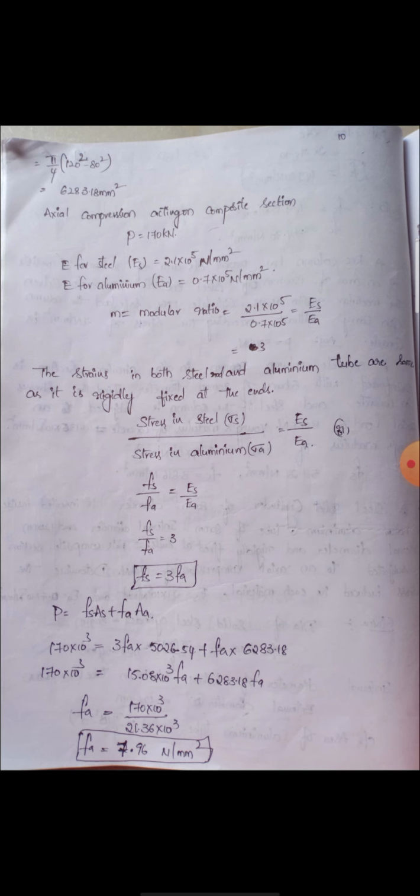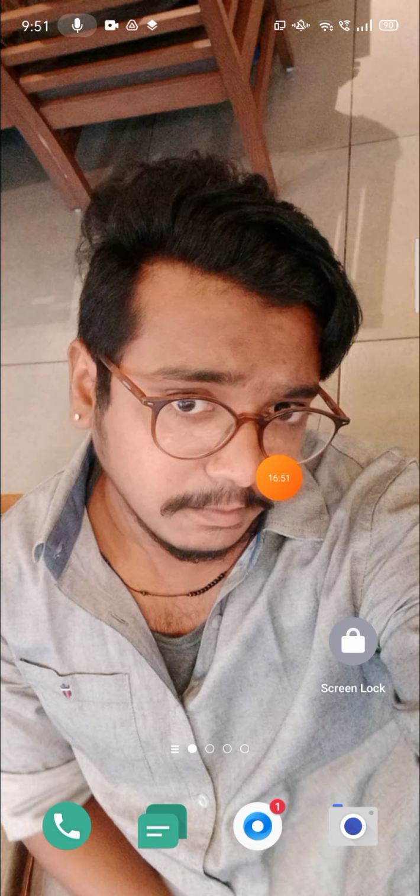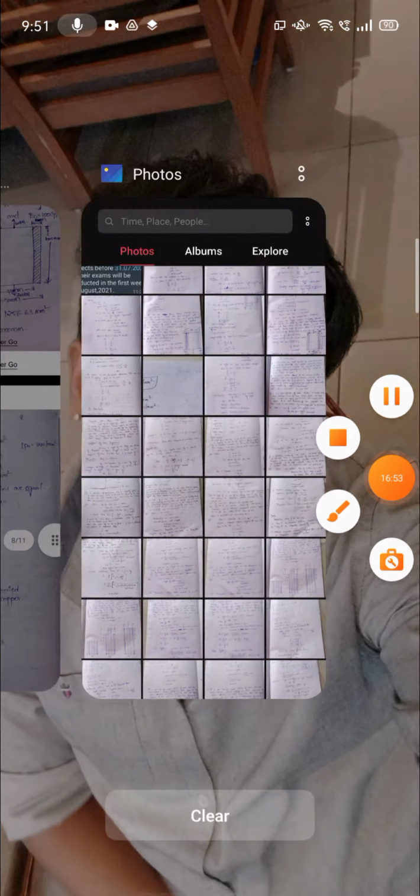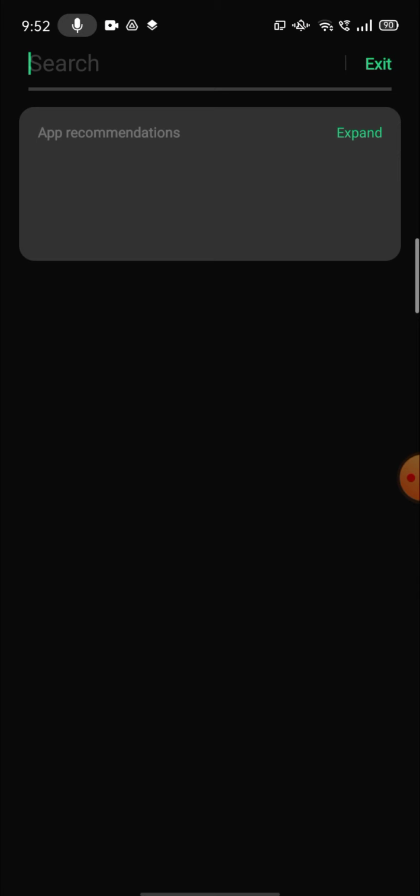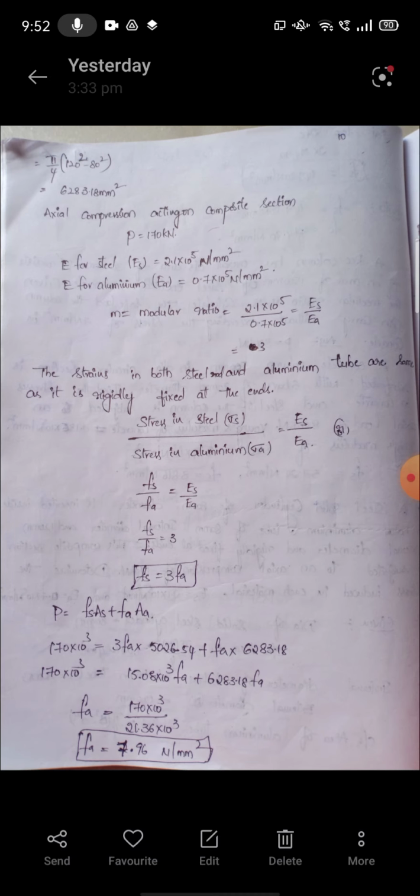So Fs equals 3 into Fa. So this is the stress in steel in terms of aluminium.